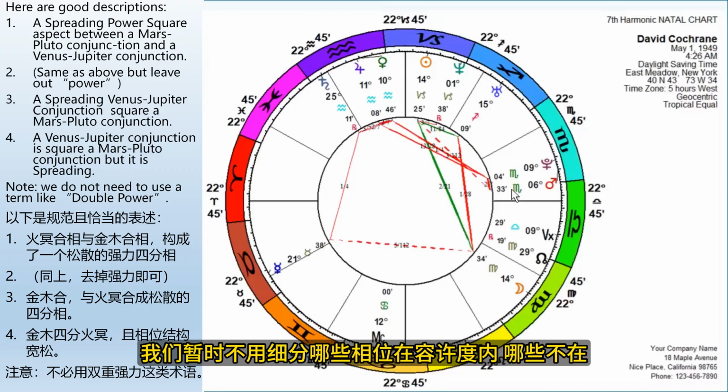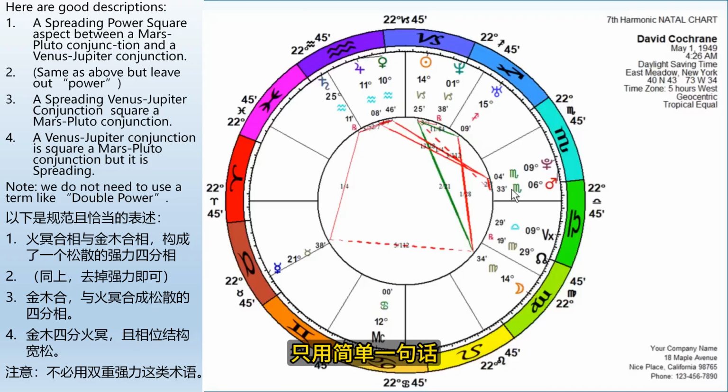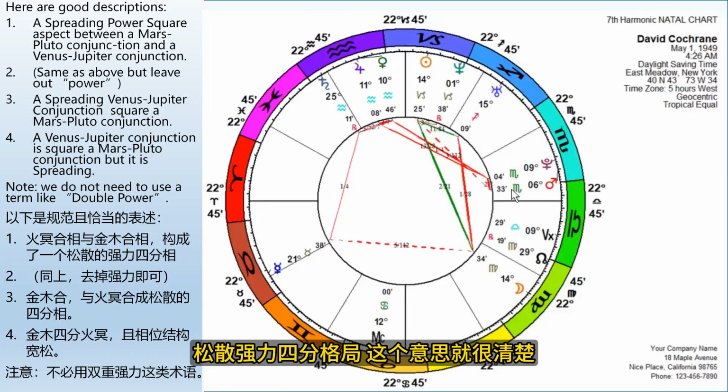Now, we don't know which of those aspects is in orb and which is out of orb, but in a brief description, we've conveyed pretty clearly what's going on. A spreading power square aspect between a Mars-Pluto conjunction and a Venus-Jupiter conjunction gives a very good idea of what we're talking about.